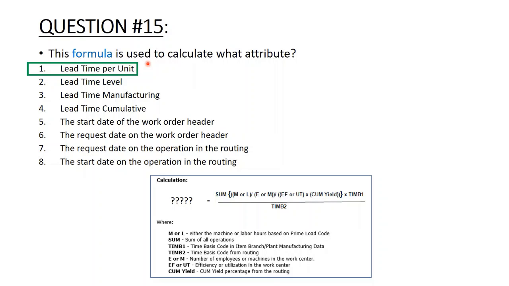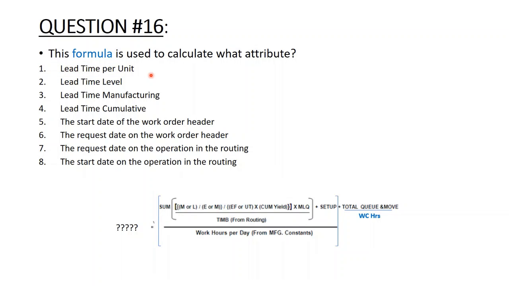The R30 A22A lead time rollup uses this formula to calculate the lead time per unit. This formula is used to calculate what attribute? Lead time level. Give yourself a point.